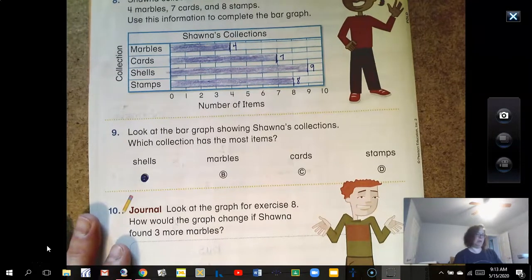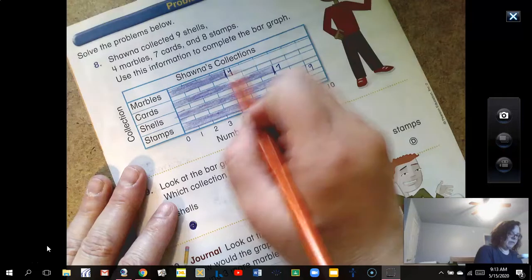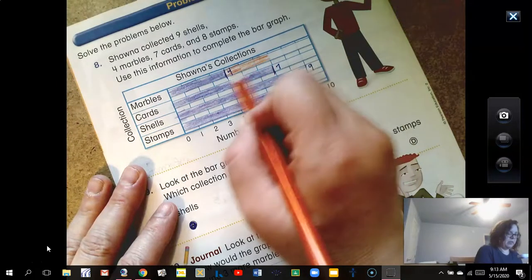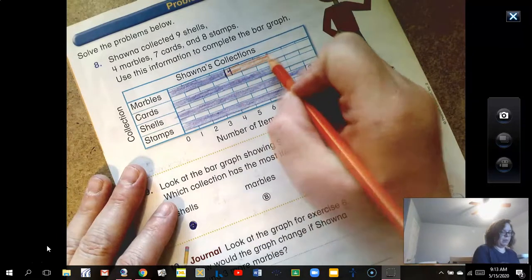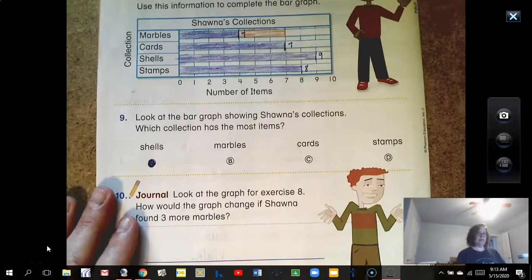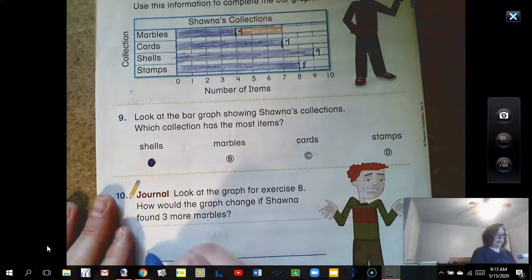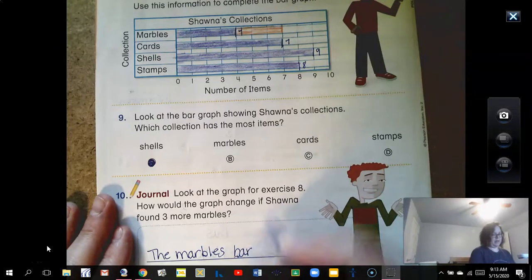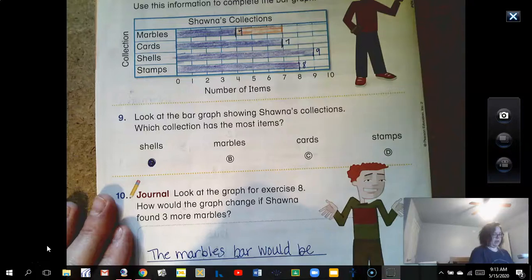3 more marbles. Okay, so I'm going to use this light orange, and I'm going to show you what would happen if there were 3 more marbles. Okay, so then you could say the marbles bar would be longer.